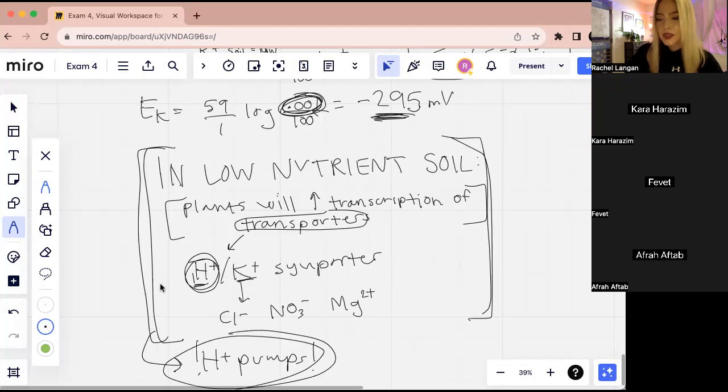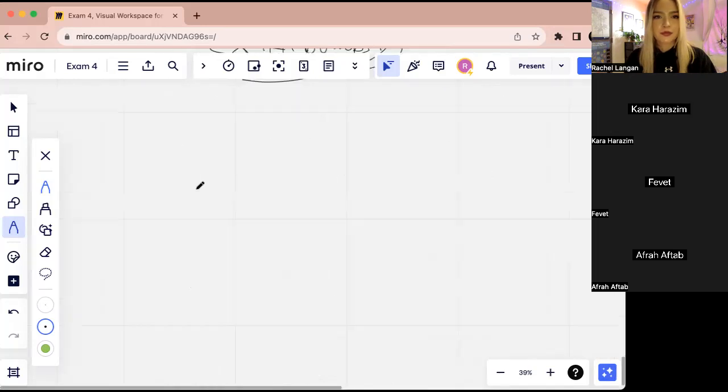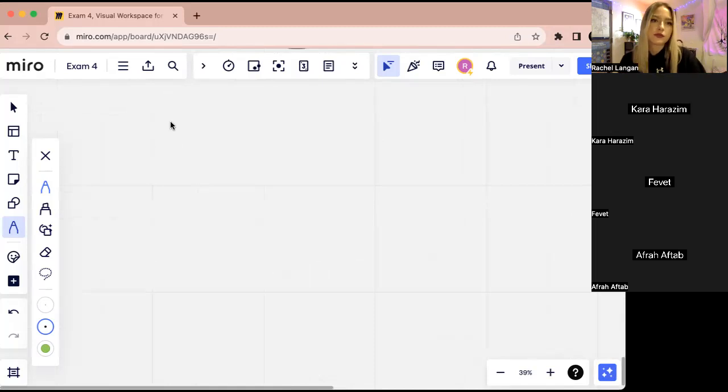Last topic is photoperiodism in flowering. And then we're finished. Okay, so for this, you want to be able to say, given an experiment, can you tell me if flowering will occur or not?